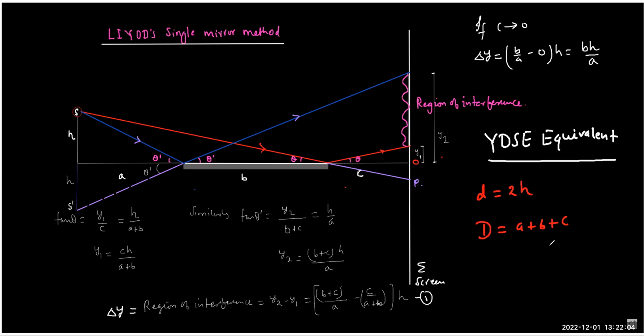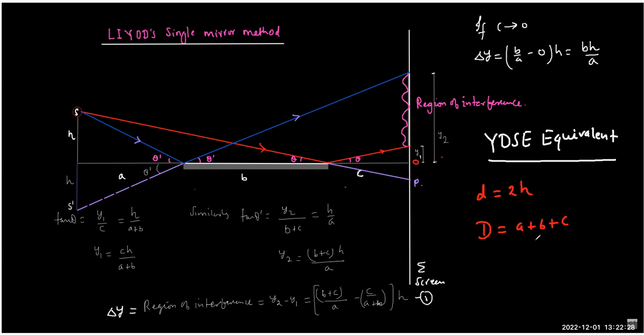But there is a catch here. The blue light is suffering the reflection. Yes, sir. Any light which suffers reflection will have a phase shift. So the phase will change by pi actually, or you can say the path difference will change by lambda by 2.